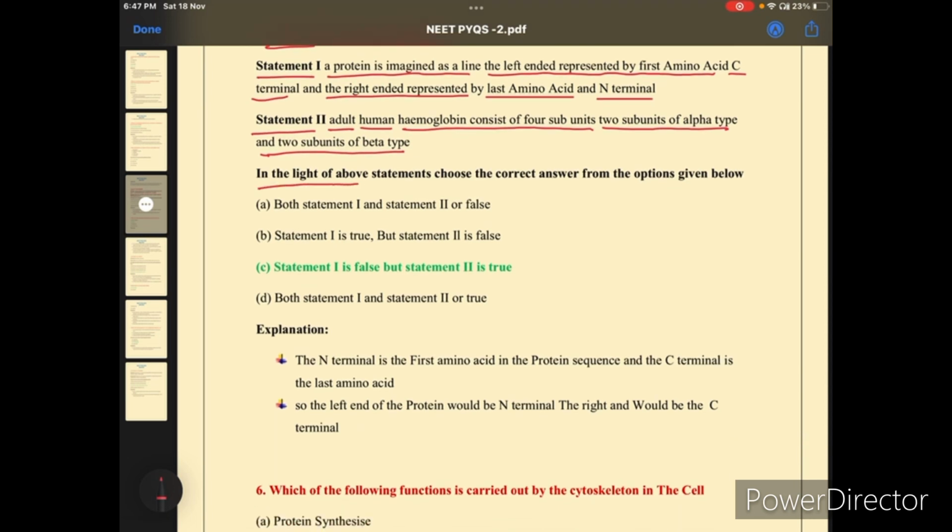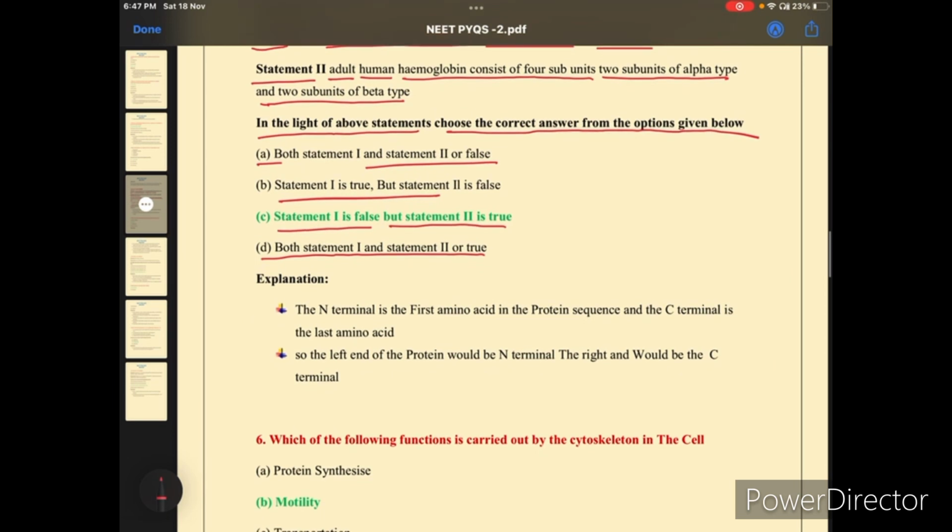In the light of the above statements, choose the correct answer from the options given below. Option A, both statement 1 and 2 are false. Option B, statement 1 is true, statement 2 is false. Option C, statement 1 is false, but statement 2 is true. Option D, both statement 1 and 2 are true. So the answer is statement 1 is false, but statement 2 is true.